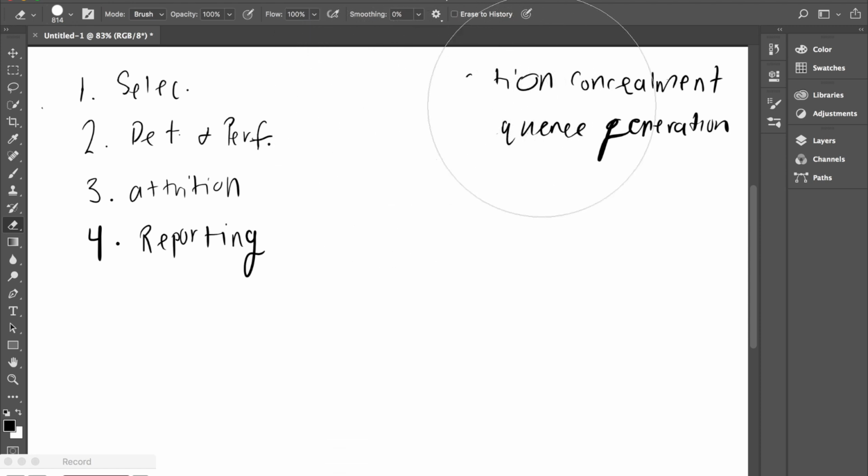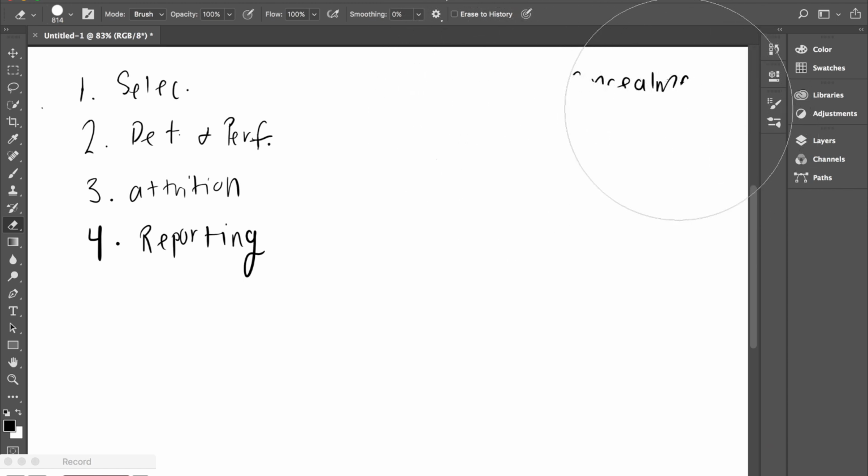Detection and performance bias, on the other hand, is reduced by blinding. And we can blind a whole spectrum of people. Now this is going to refer to detection and performance bias. Blinding is done in order to ensure that the randomization sequence is protected after the allocation has happened, right?